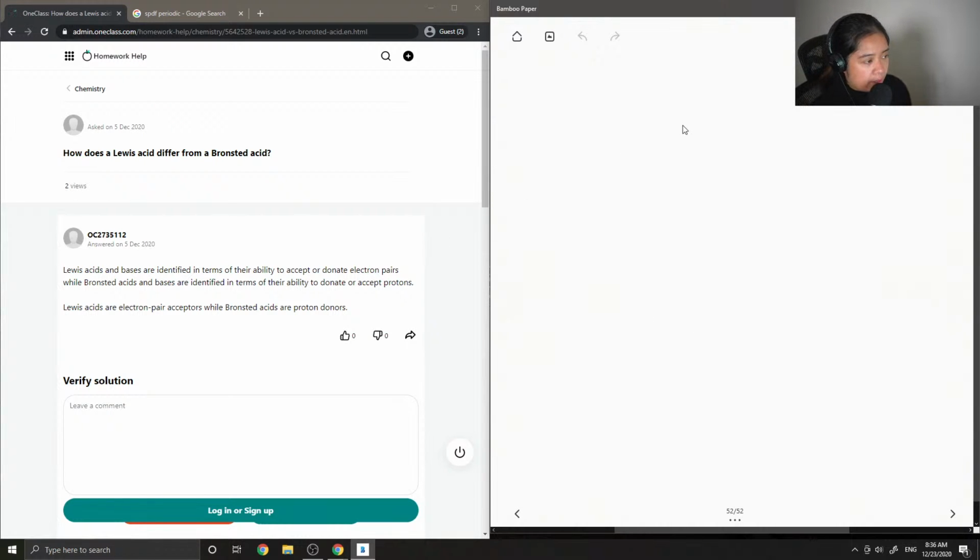Okay, so question 3. How does a Lewis acid differ from a Bronsted acid? Okay, so let me write down the two definitions.